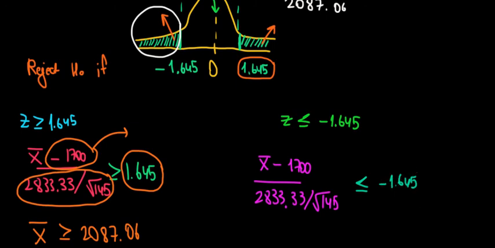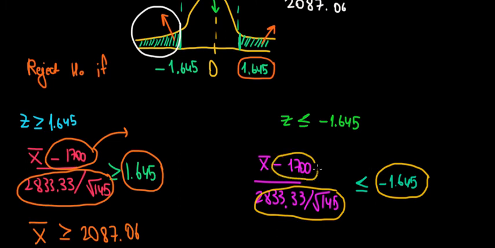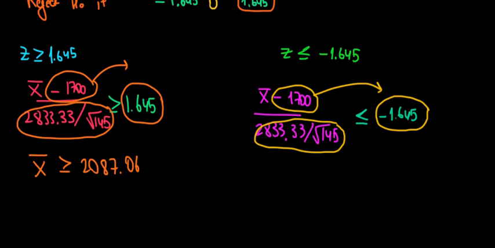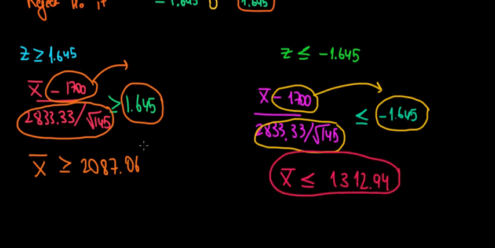Do the math with cross multiplication: we take this result, multiply it by minus 1.645, and add 1700 to it. So x bar is going to be less than or equal to 1312.94. This is the other value that we're going to put on our distribution.